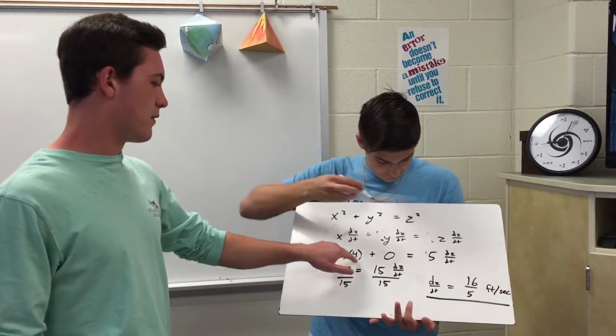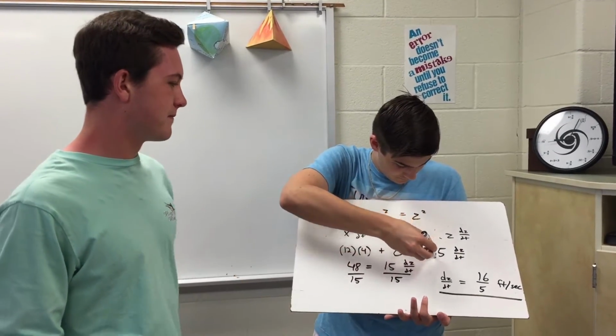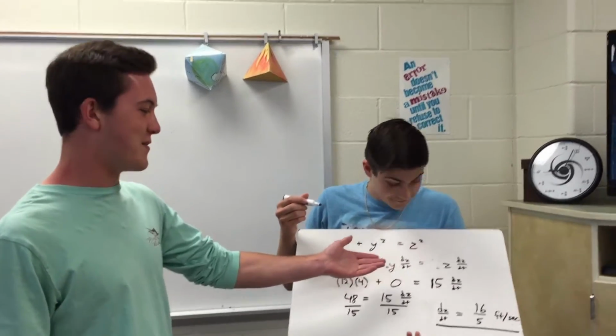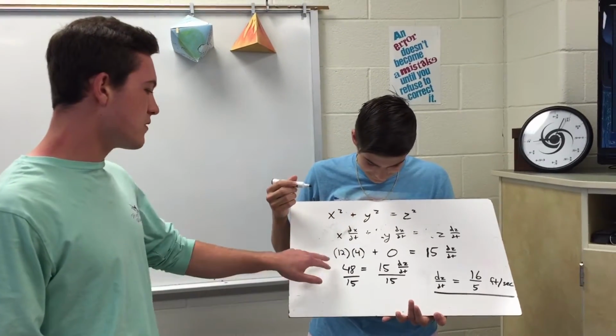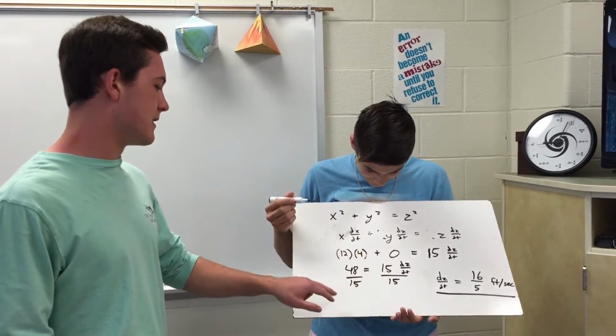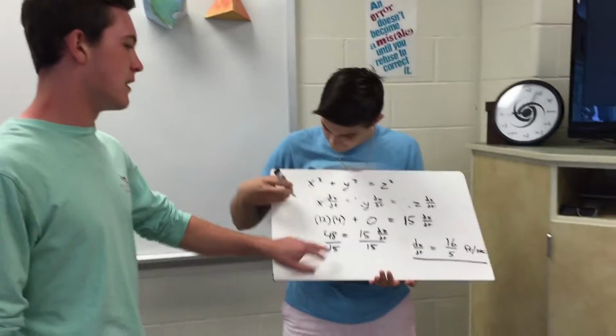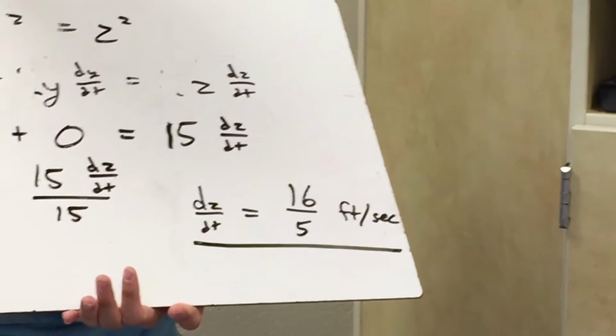So 12 times 4 plus 0 equals 15 feet, how far I threw the ball, times the rate we're trying to find. So 48 equals 15 dz/dt. 48 divided by 15 equals 16/5 feet per second is the rate at which I threw the ball.